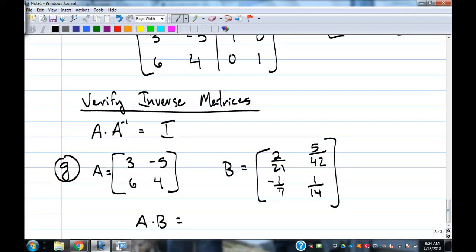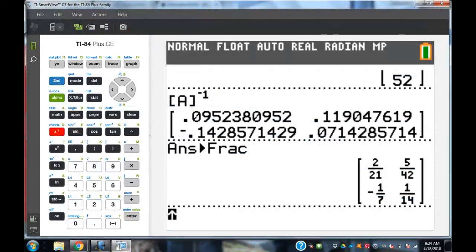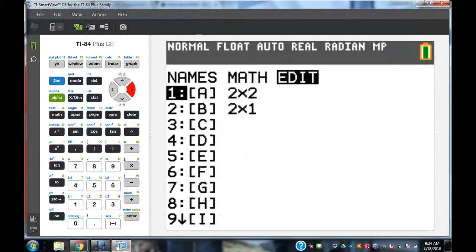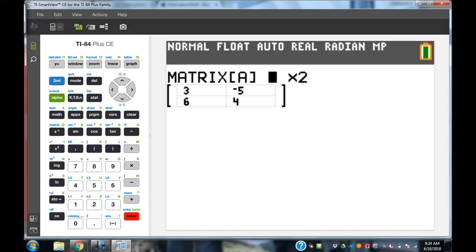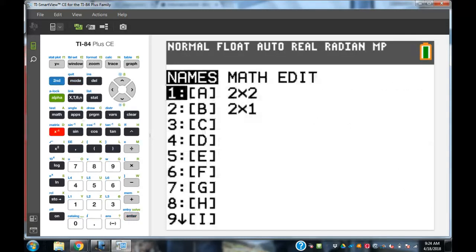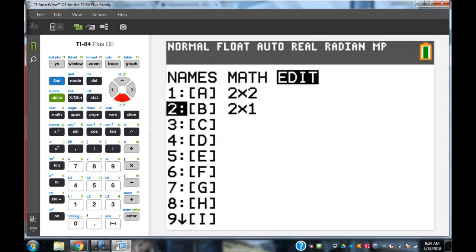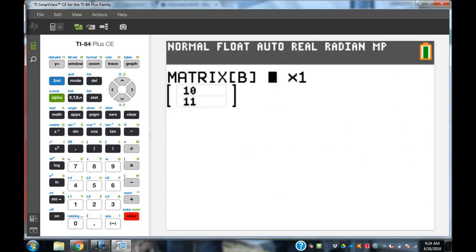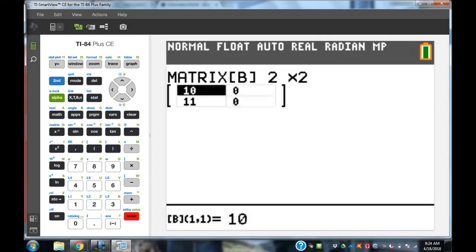So in my calculator, I just need to go in and use this inverse here, B. I would go to my matrix menu, edit. I want to edit matrix B. You could grab that from before, but when you're doing the problems, you won't have that.